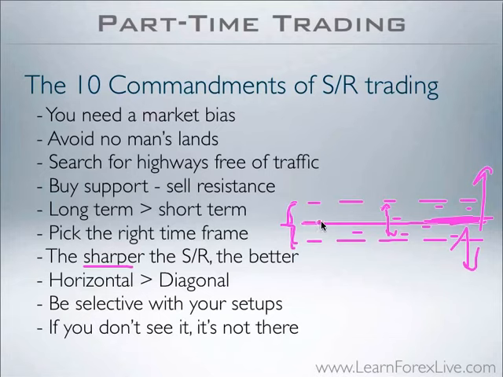Because all those orders are going to be triggered at once, and therefore the market reaction is going to be massively quick. However, if those orders are spread out in a 40, 50, or 30 pip range, whatever wide it may be, then those orders are not going to be triggered at the same time, and therefore price will indeed react off that area, but not as much in momentum.